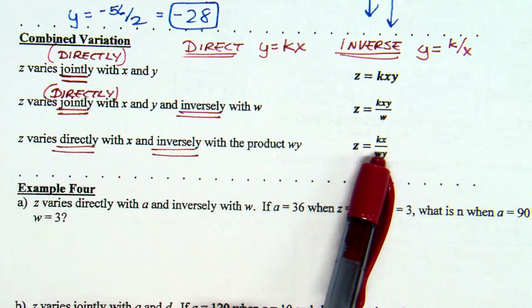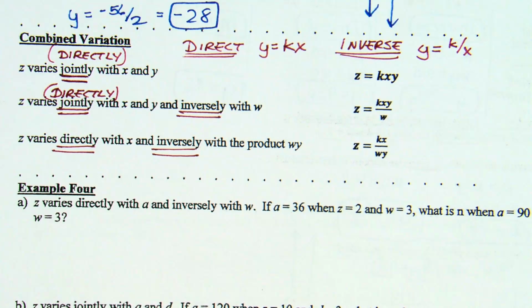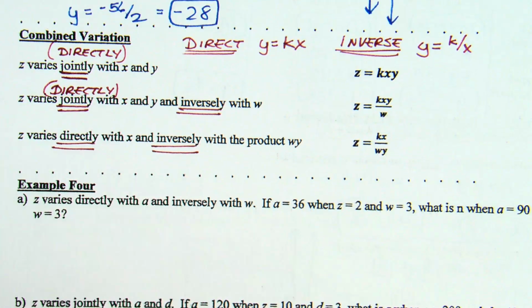Inversely with the product wy. So what's that mean is going to be happening? If it's inversely, wy is going to be divided. Okay? Direct is multiplication, inverse is division. Got it? So that's what's going to help us write the statements we need to answer the next problems. Okay. We're going to use this information to help us in example 4.